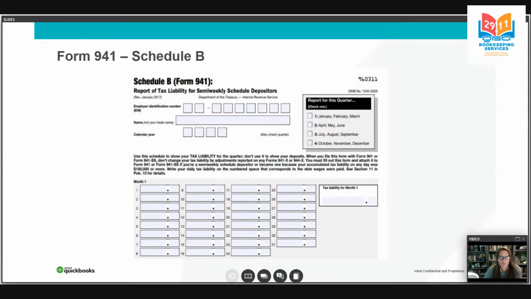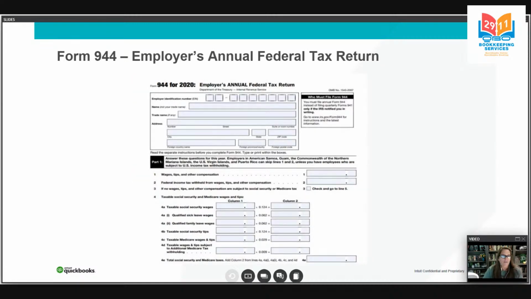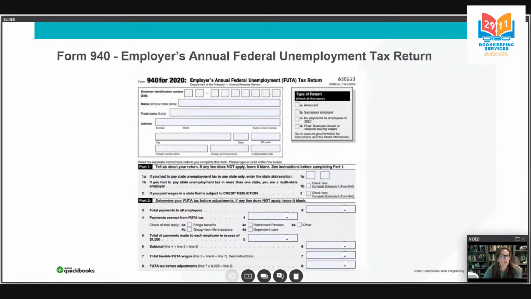If you're a semi-weekly scheduled depositor and you don't properly complete and file your Schedule B, the IRS may propose an averaged penalty. The 944, this is designed for the smallest employers, those with an annual liability for Social Security and Medicare. So basically, instead of filing quarterly, you're going to file annually, if you have just a little bit of payroll.